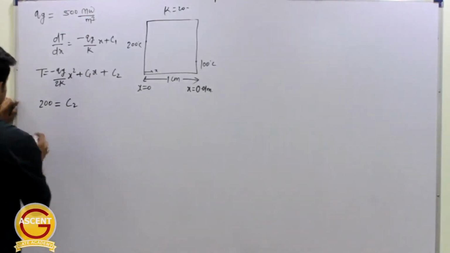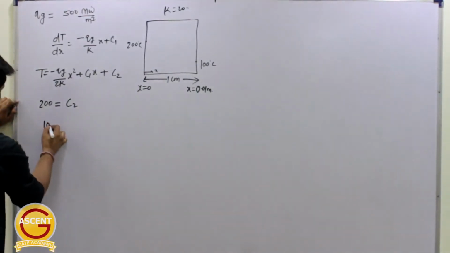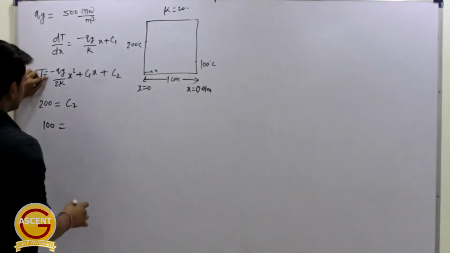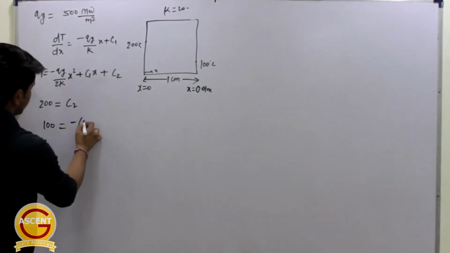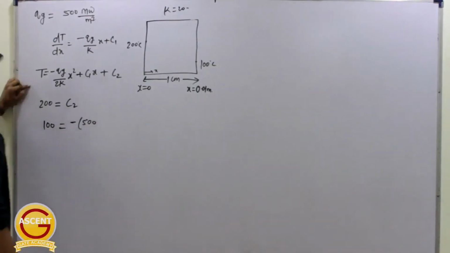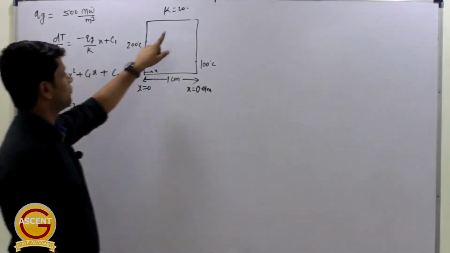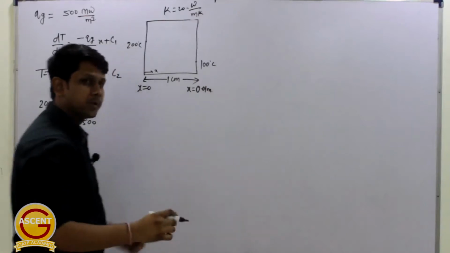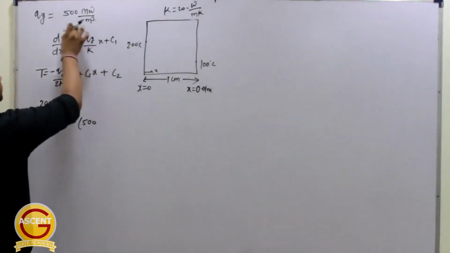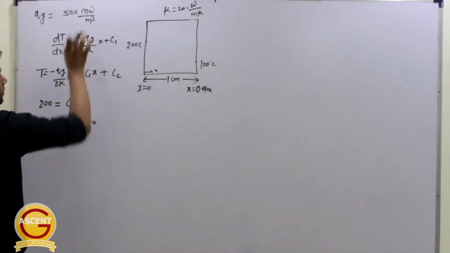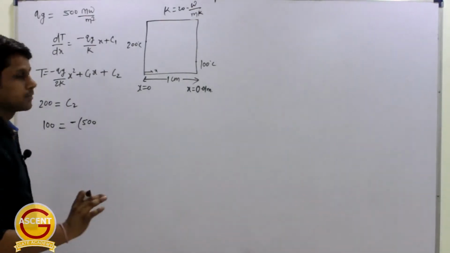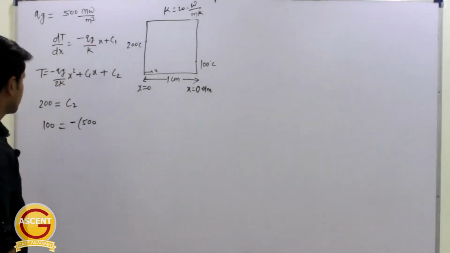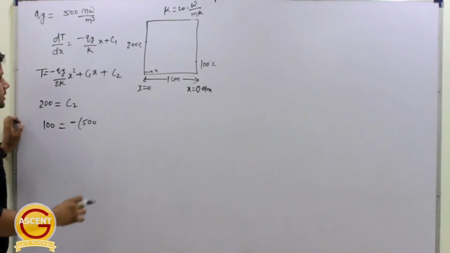So the second boundary condition will be: temperature 100 equal to minus qg, so minus 500, and because K is given in watt per meter Kelvin, that's why the qg value also you will take in watt per meter cube only. You cannot take this in megawatt, because the units should be consistent.